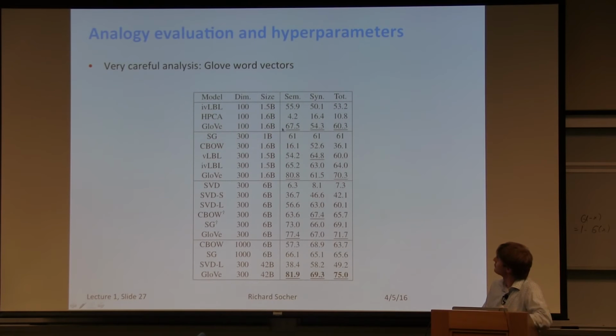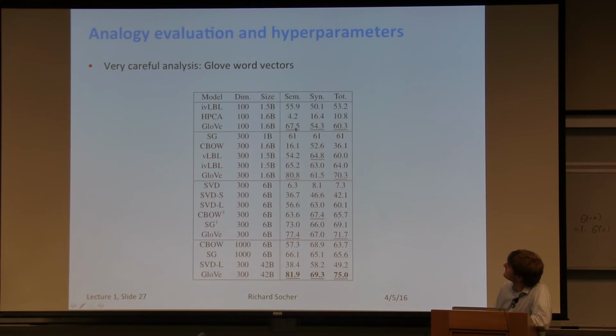We can also compare, and this is very important again, and something that has to really get into your mindset to do well in your final project: you want to only ever change one thing at a time in order to really understand these machine learning models very well. So here we looked at having the exact same corpus, same size, at 1.6 billion, but changing only the vector dimensionality from 100 to 300.